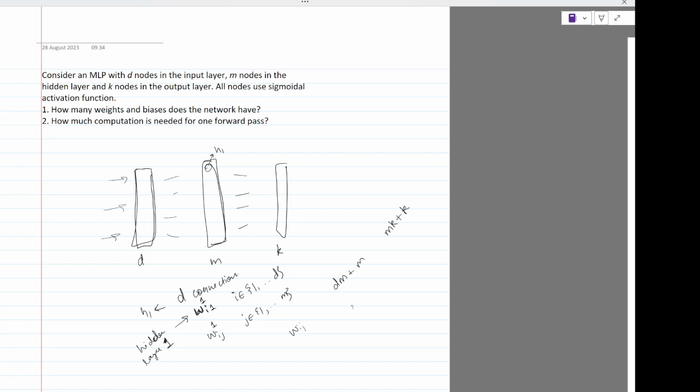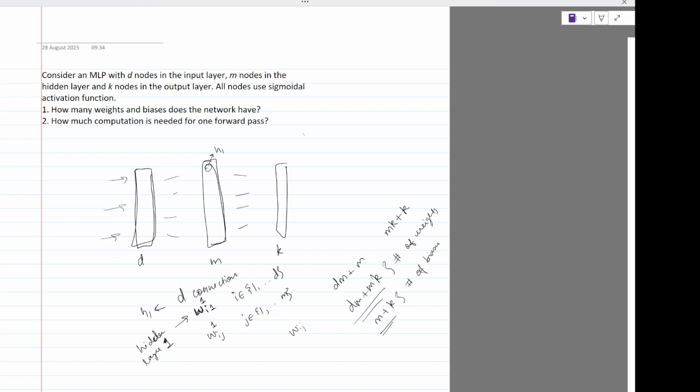So d times m plus m times k is the number of weights, and m plus k is the number of biases.